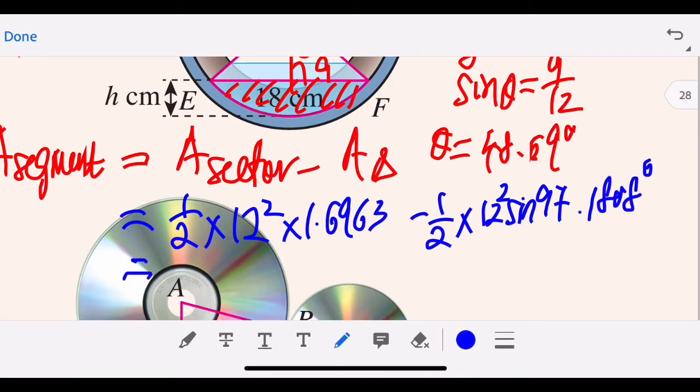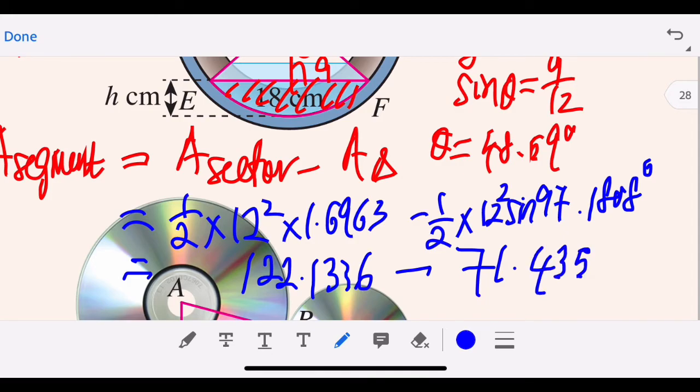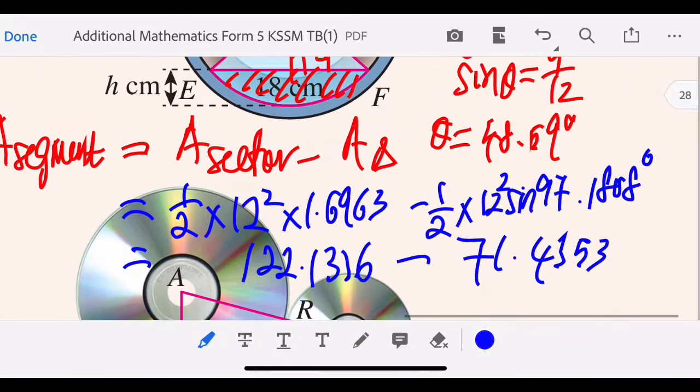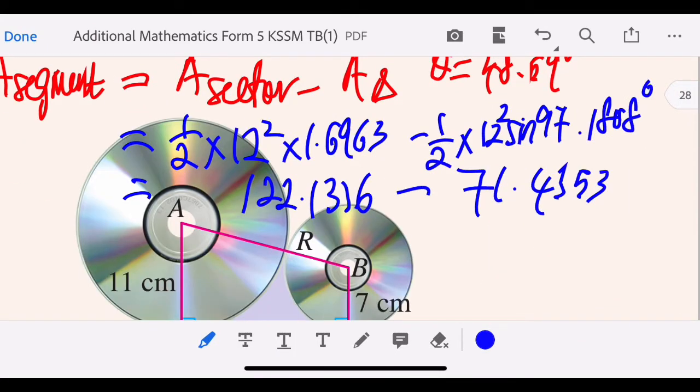Now you can press in one shot from your calculator. 0.5 times 12 squared times 1.6963. You get the answer, which is 122.1336, minus 0.5 times 12 squared times sine 97.1808 degree. So you get 71.435253, something like that.